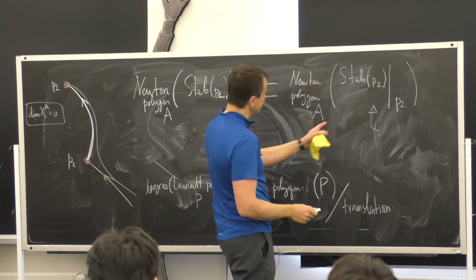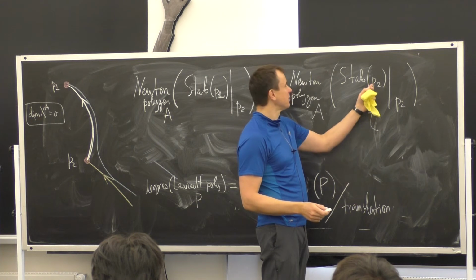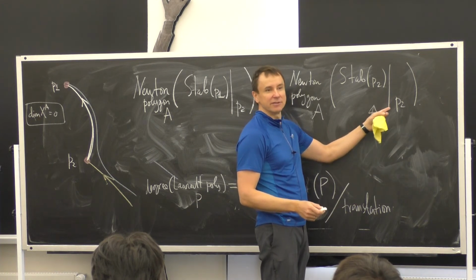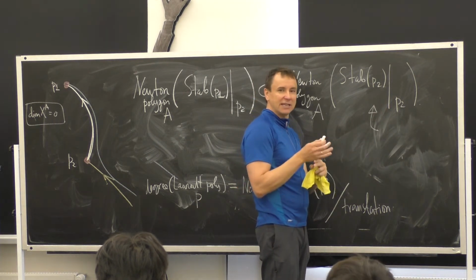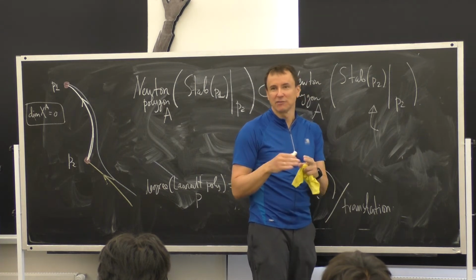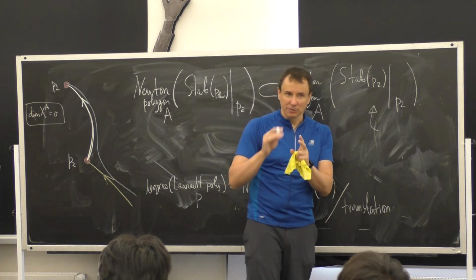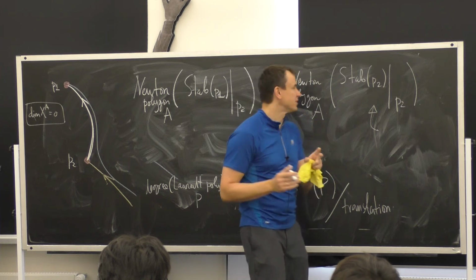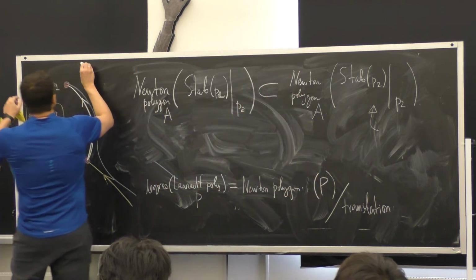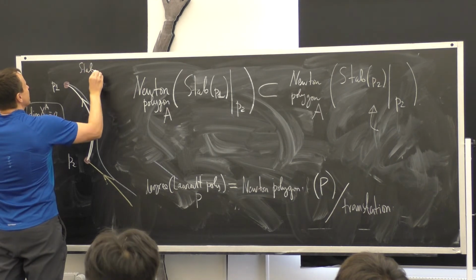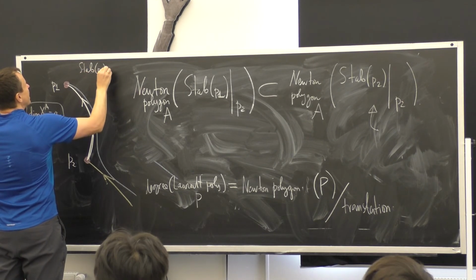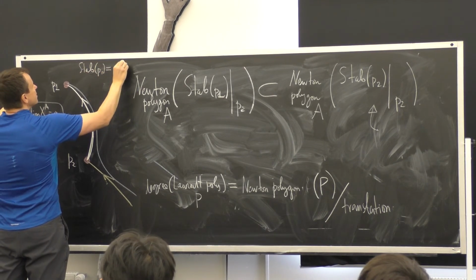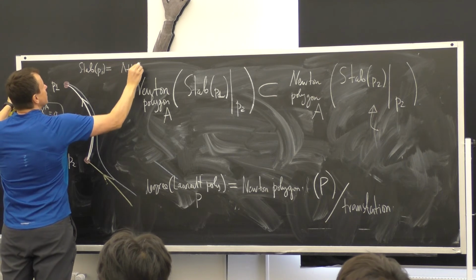So the point is how you normalize the stable envelope at itself. You think, well, maybe I'll just take the structure sheaf of the attracting manifold, but that's not the best choice. You have to twist it a little bit to agree with polarization. The stable envelope of a point P1 is not really the attracting manifold of P1.